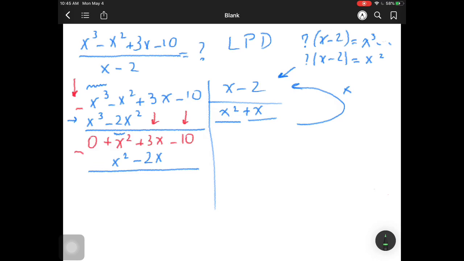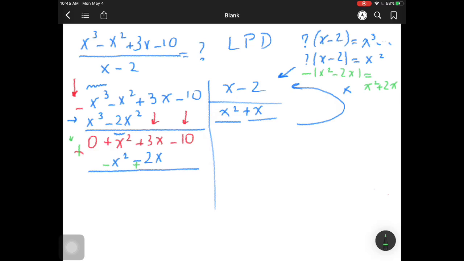Instead of carrying out this subtraction, you can do addition as long as you invert the signs of these terms. And let me explain to you why. When I'm doing minus x squared minus 2x, this is the same as doing x squared plus 2x. So you can change your subtraction to addition as long as you invert these signs.